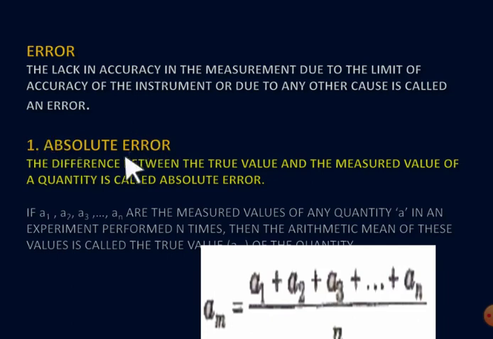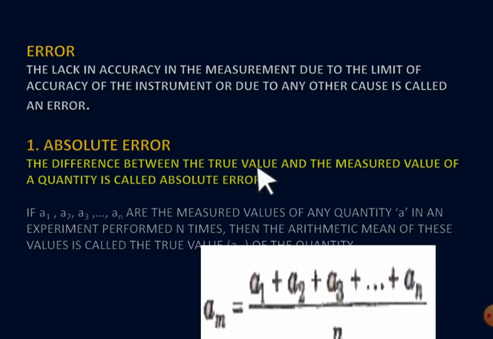When I say true value, what is a true value? You must be very new to this word. What is meant by true value? True value is nothing but, for any measurement, the actual value of the measured quantity. We call that the true value.